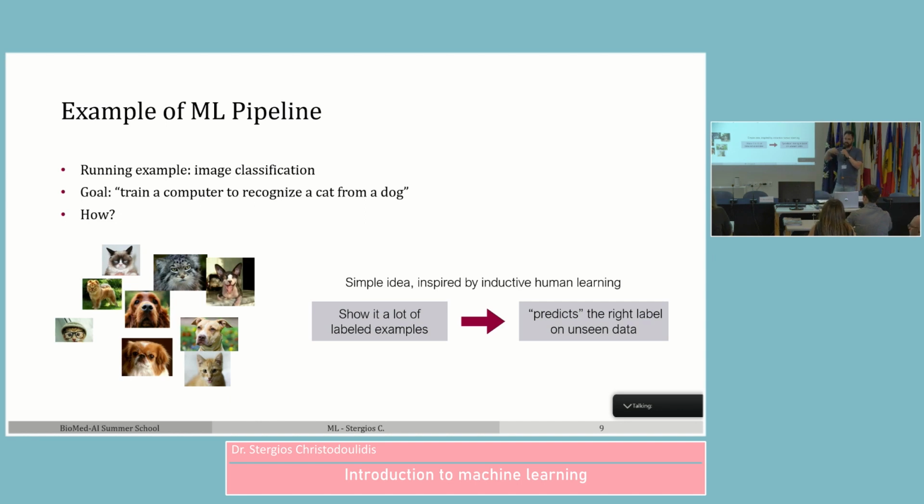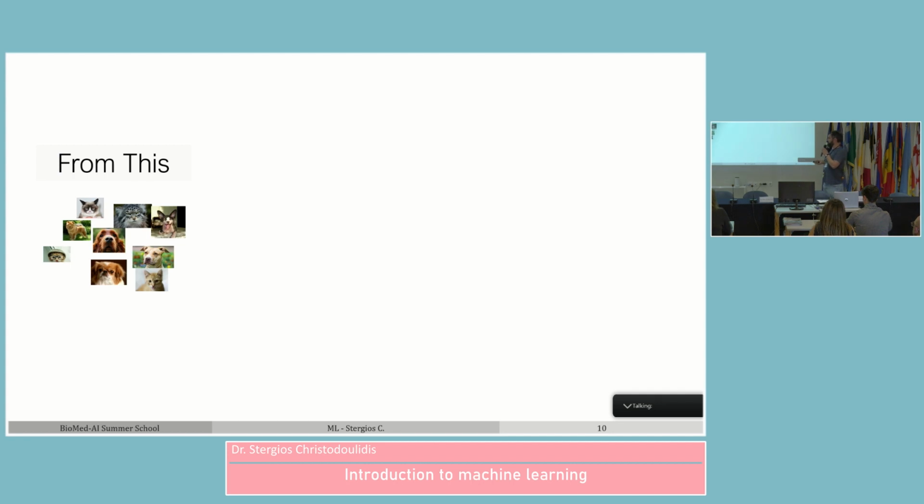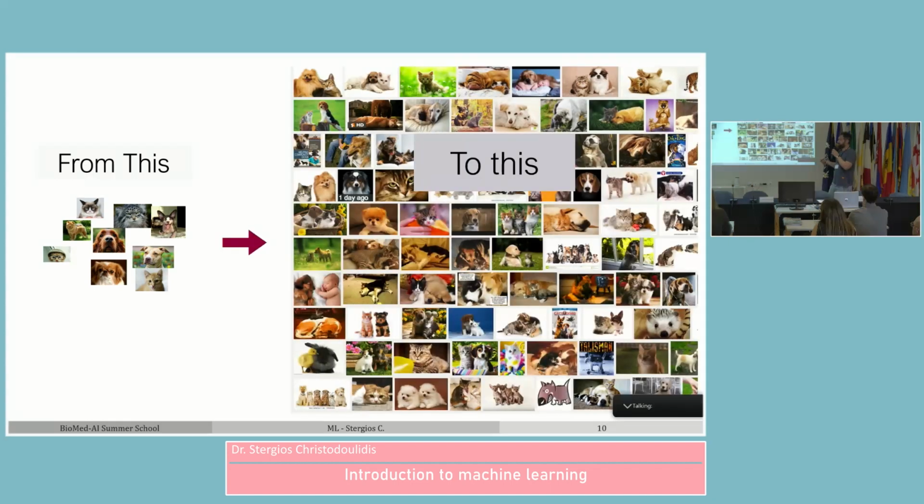I hope it will get more and more clear as I'm going through the slides. So the way we are doing this is that we are going from this to something like this. We are using information that is broadly available, and it comes in quantities from the internet, for example, where we're using a lot of data to identify information from this data and use all this information to make our prediction. And I will show you how.